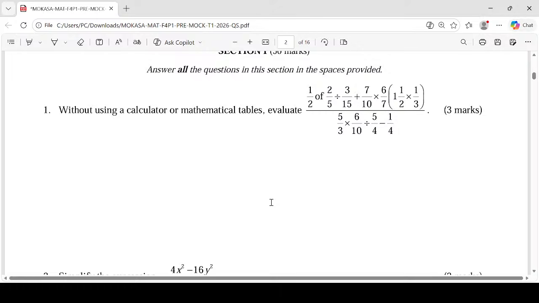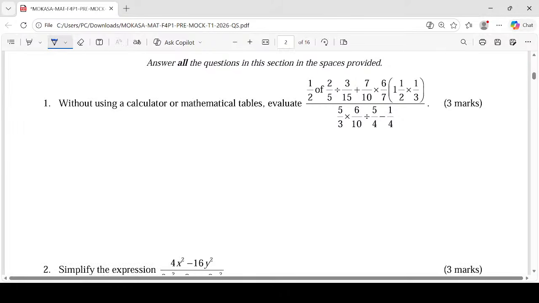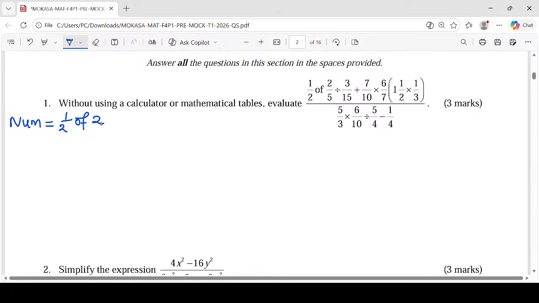Remember, you've been told not to use a calculator or a log table. So we are going to start working out the numerator part of this question. We are having a half of 2/5 divided by 3/15.